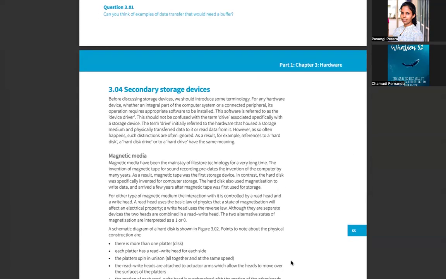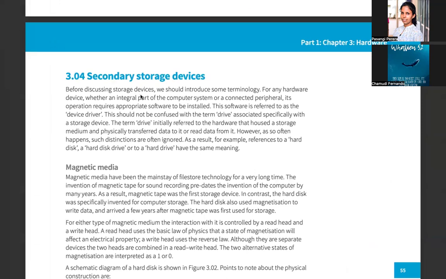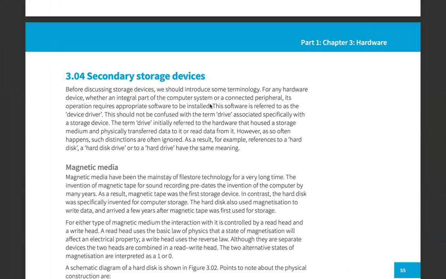Okay. So here we have the secondary storage devices. Now, what will happen with the secondary storage devices? Before discussing secondary storage devices, we should introduce some terminologies.